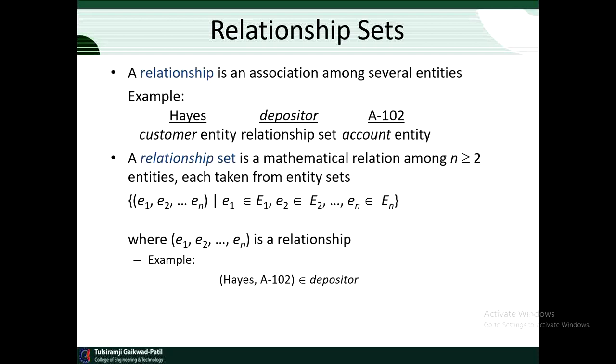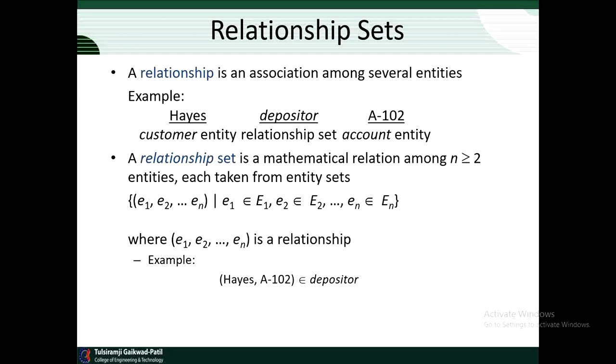First of all, what is meant by relationship? So relationship is an association among several entities. For example, Hayes, depositor, A102. So here Hayes and A102 are the attributes of the entity customer.